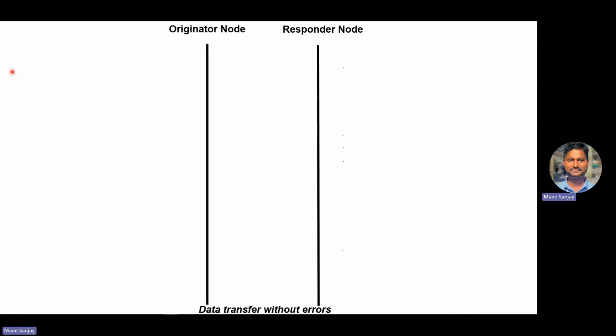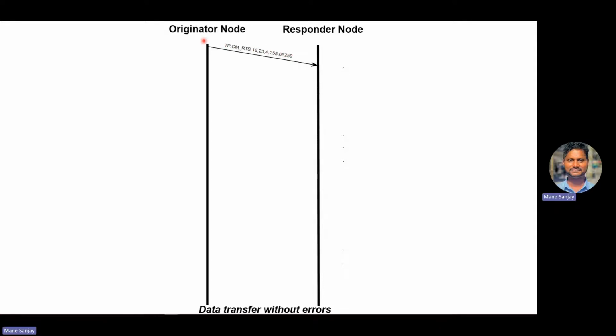So let's take the example here. There is an originator, a transmitter, and a responder. Here he sends the request to send message. Now what is this 16, 23 for? Understand this. This is one CAN frame.